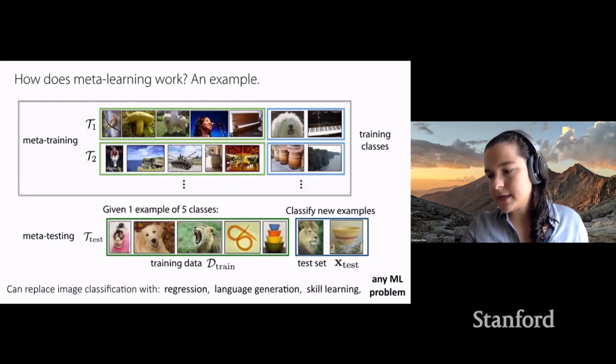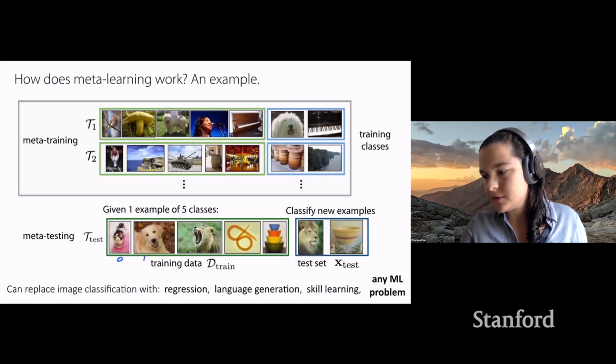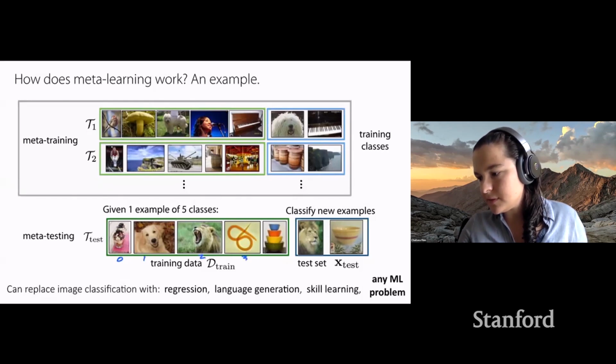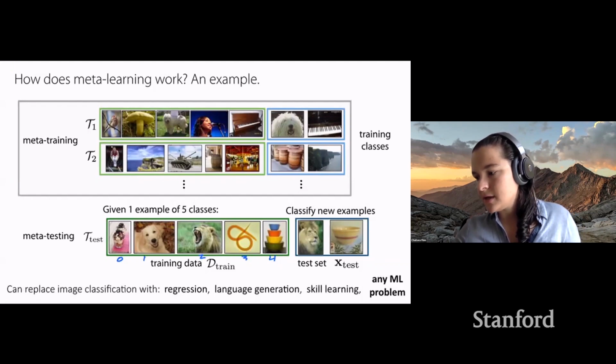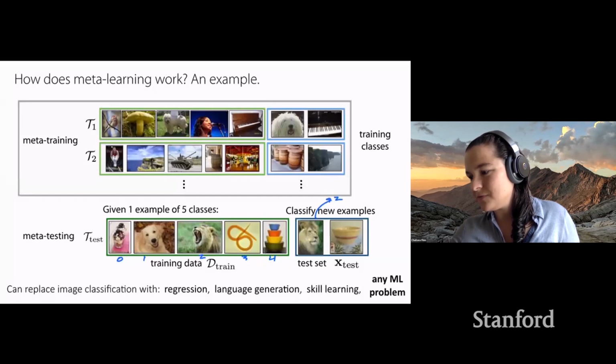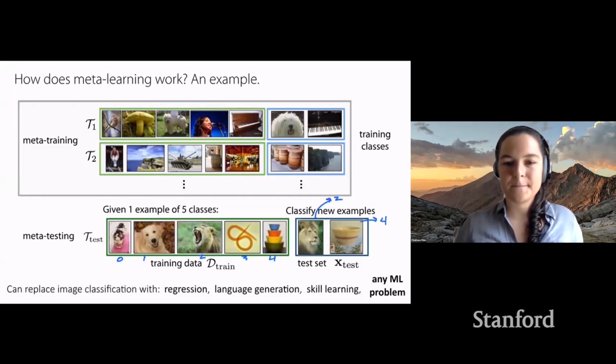So at meta test time, you'll be given these 5 images in green, and you'll also be given labels associated with each of these images, 0, 1, 2, 3, 4. Your goal will be, given these test images, to learn a classifier that tells you that this lion corresponds to a label of 2, and this bull corresponds to a label of 4. Yeah, makes sense, thanks.